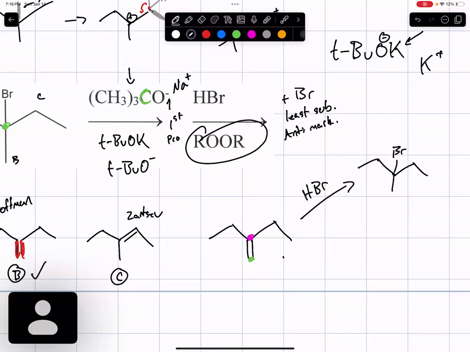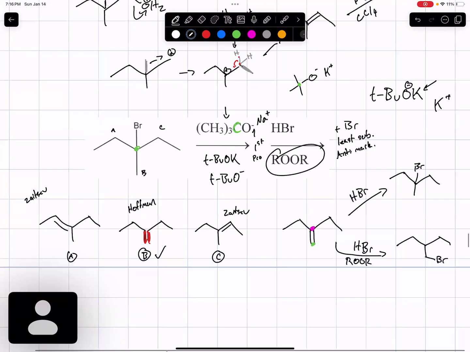But since this is HBr and peroxide, it adds to the least substituted side. So our final product looks like this. To sum up, we have a bulky base. Bulky bases are going to go E2.